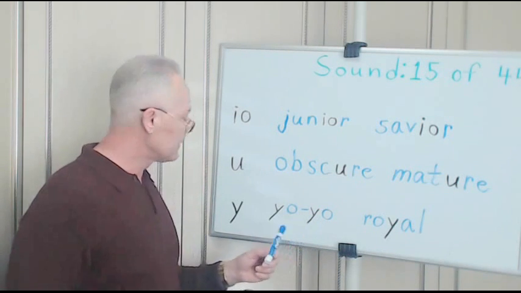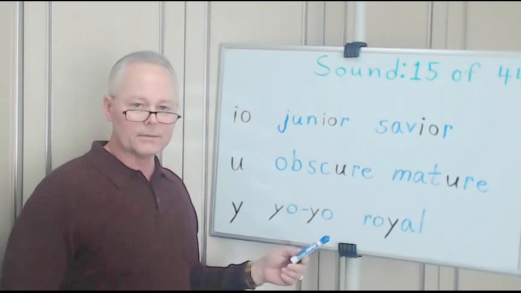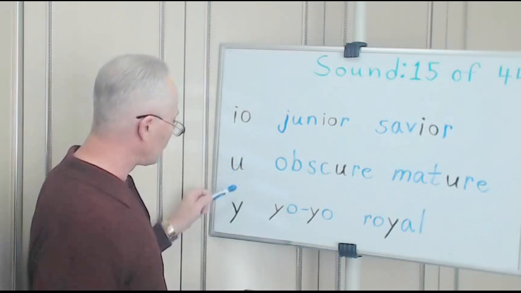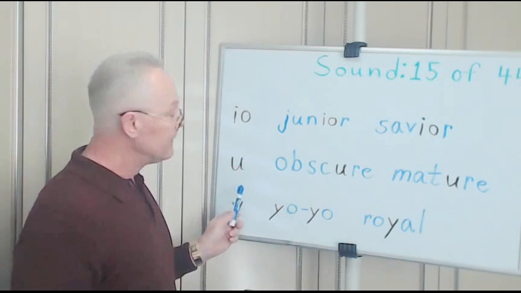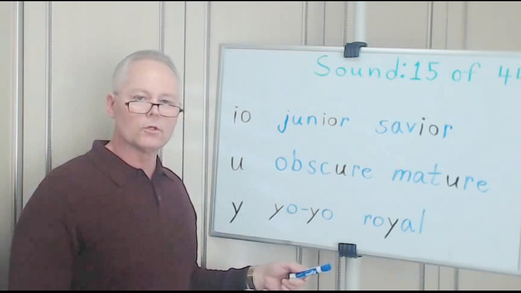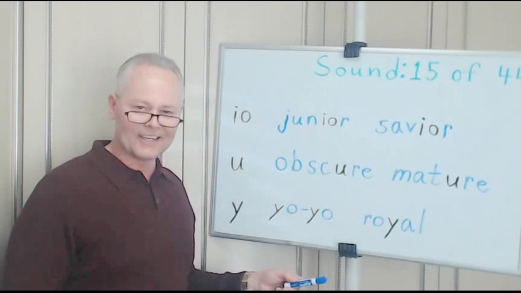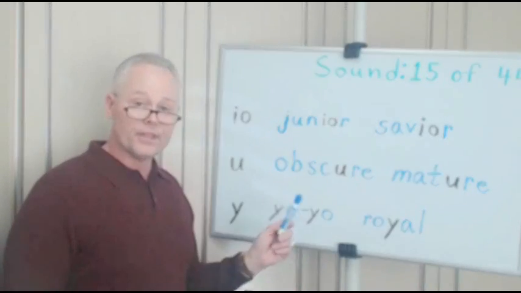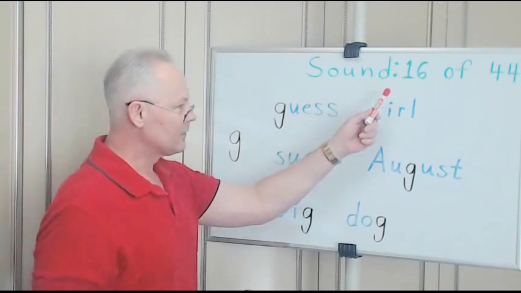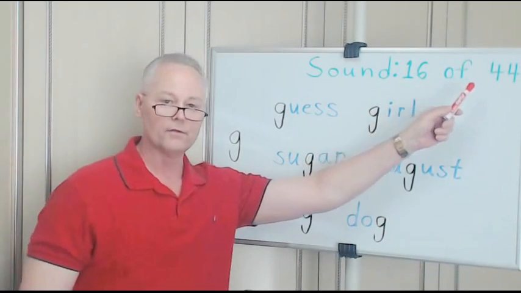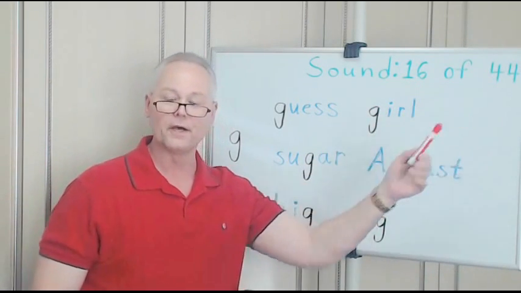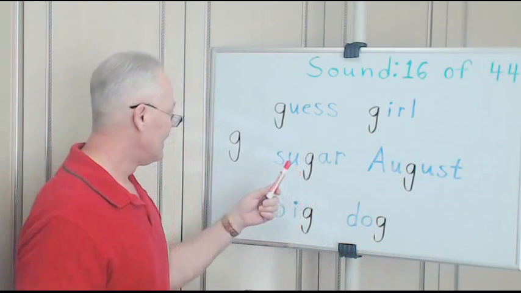But refer back to the basic sound. In this case, it'd be Y. Now they're in this order because of the alphabet. But Y, that's what most people think of for that sound, all right? That's the end of this sound 16 of the 44 sounds we find in American English.